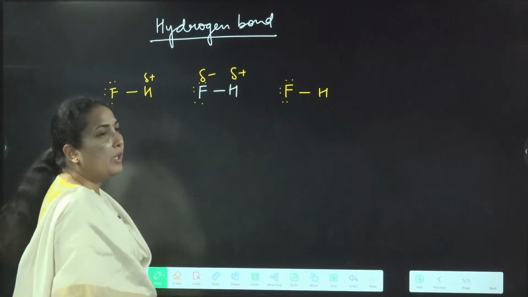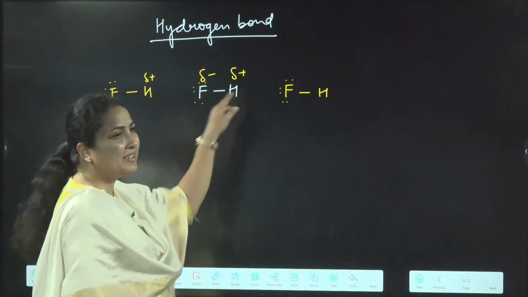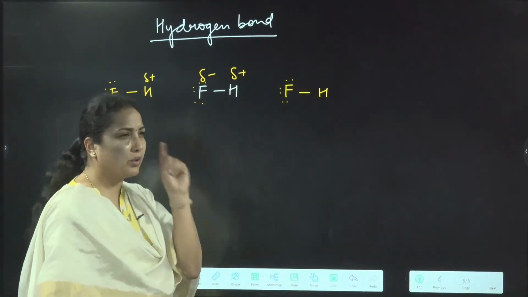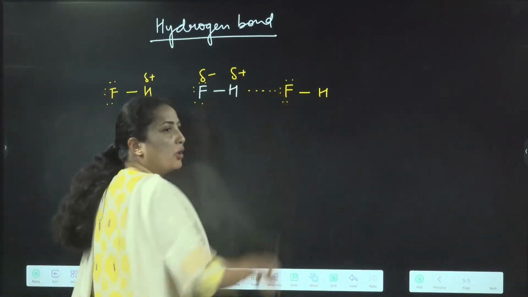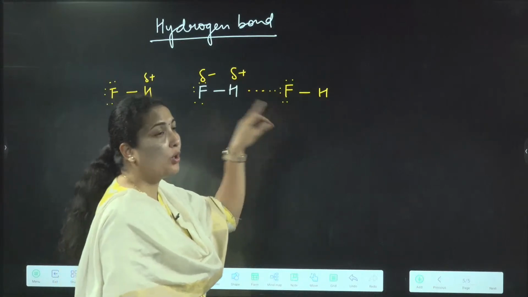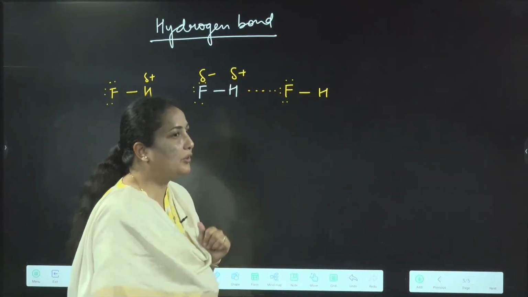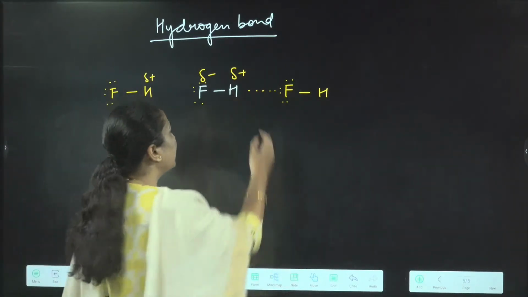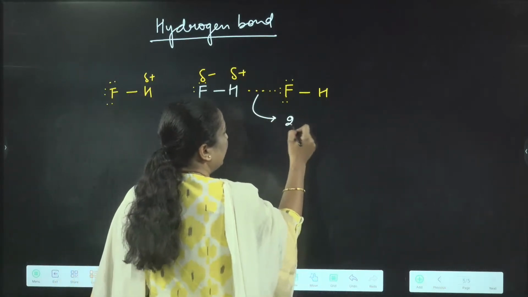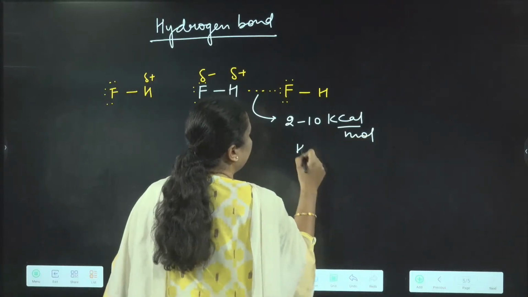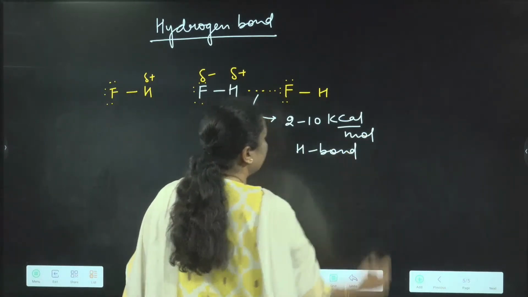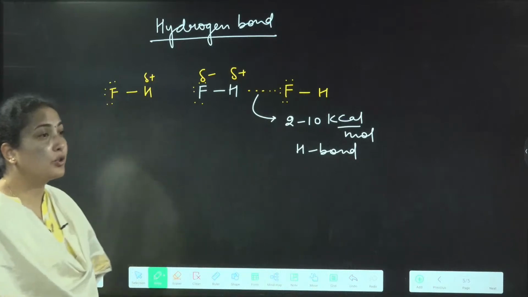right? Now what happens, because of this delta plus development on this particular hydrogen, this is going to attract this lone pair of electrons on the other atom of fluorine, which is not bonded to this hydrogen, right? And in this interaction, around 2 to 10 kilocalorie per mole of energy is liberated, and if that much amount of energy is liberated, we call it a hydrogen bond.